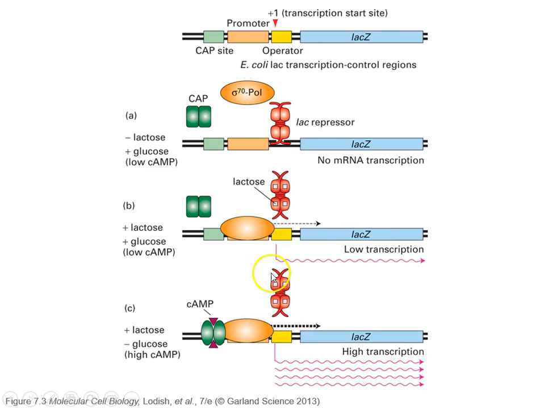And again, the Lac repressor will not be in our way because we have the allolactose bound right here. That's the ligand for the Lac repressor. That causes a conformational change that causes the repressor to dissociate from the DNA. And now, with the stimulator there and the repressor gone, the RNA polymerase can carry out transcription at a high rate.